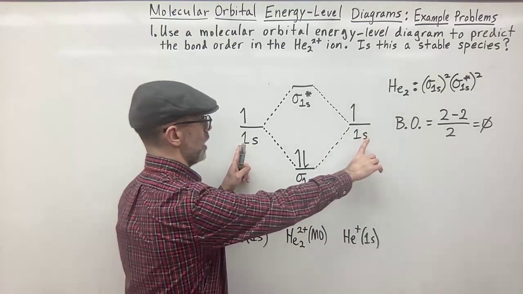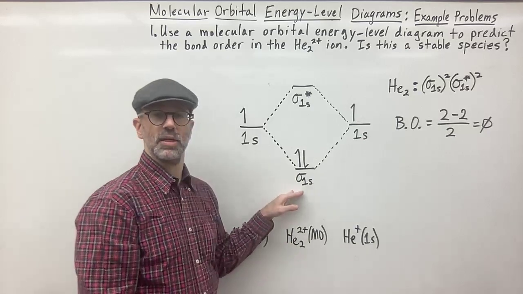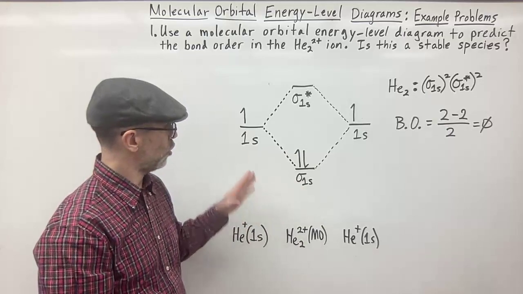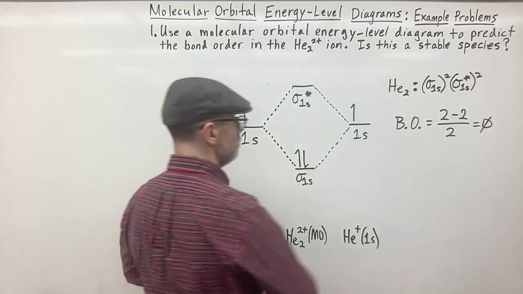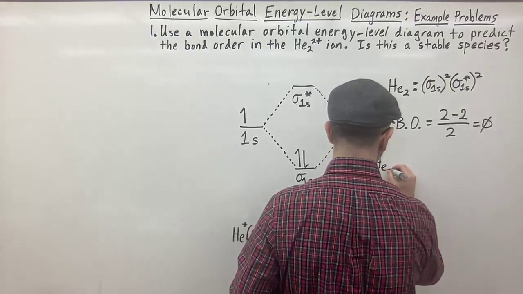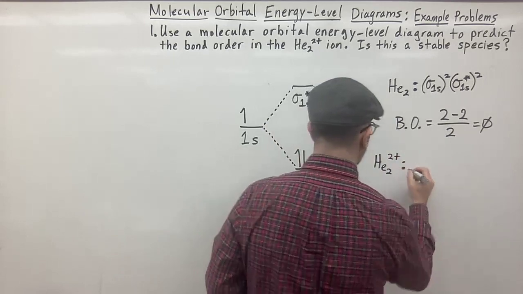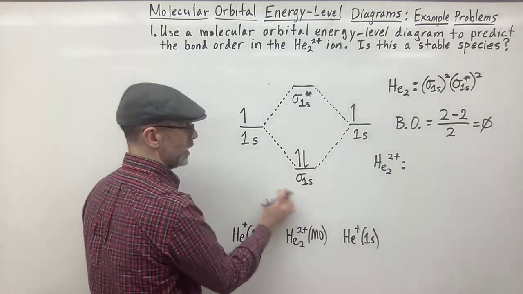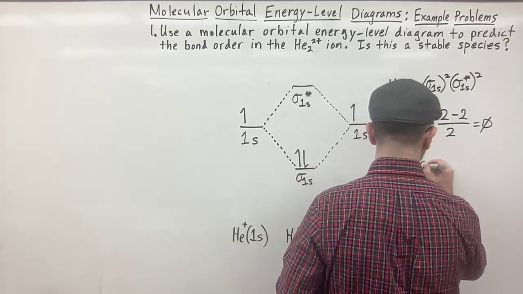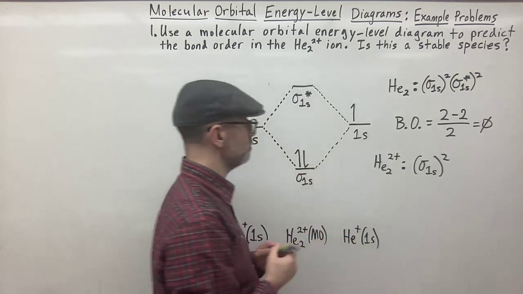The 2 electrons are going to be put into the bottommost molecular orbital, the sigma 1s. Given this, the electron configuration for He2 2+ is just sigma 1s with 2 electrons.